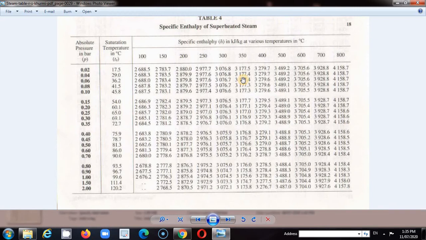In the first video we covered how to calculate the values of the sensible enthalpy and sensible entropy for saturated steam. In this video we are discussing how to calculate the values of the specific enthalpy, specific entropy and specific volume related to superheated steam, and our next video will be on how to calculate all three values with the help of the Mollier chart.